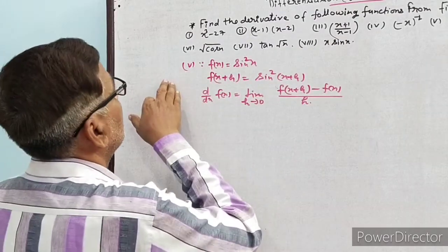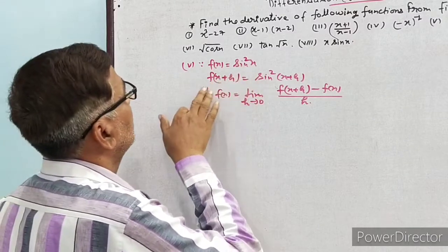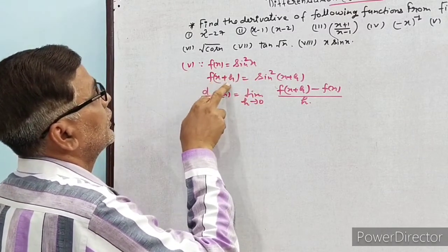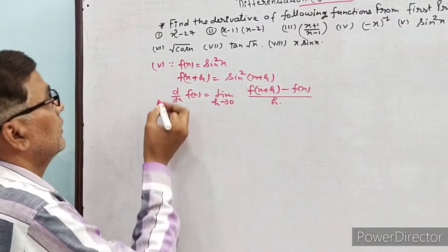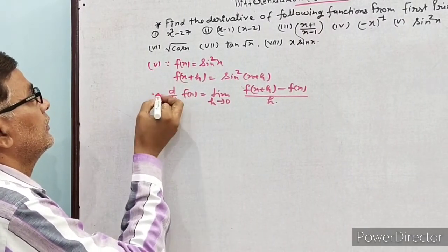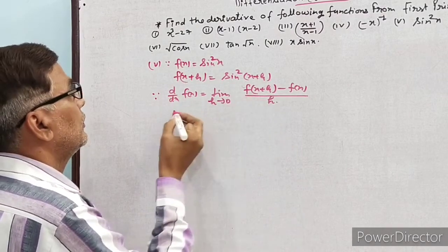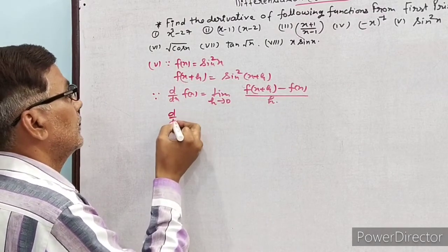The fifth part is f(x) is equal to sine square x. Now we can write f of (x plus h) is equal to sine square (x plus h), and the relation for the first principle is d/dx f(x) is equal to, now replace the values of f(x).